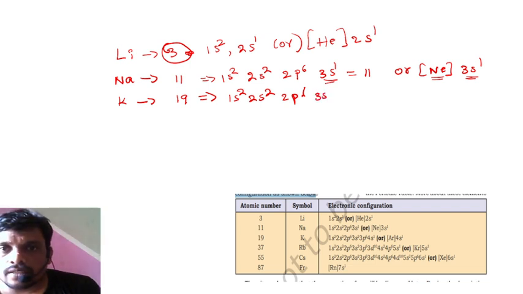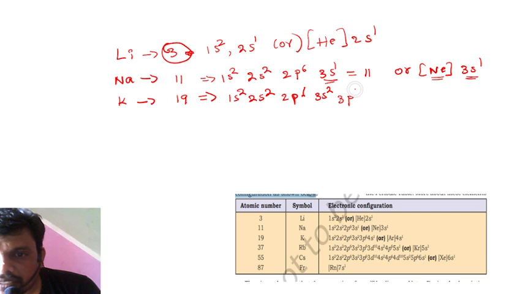And in 3s 2 electrons are filled. And in 3p orbital how many electrons are filled here? In 3p orbital 6 electrons are filled, and the next orbital will be 4s1.